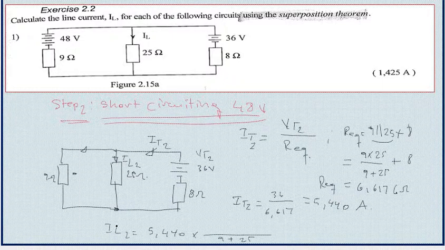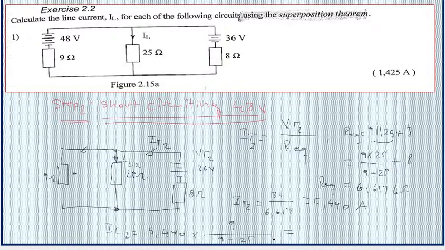Since we are finding IL2, the current passing through this resistance, instead of using this resistance, we use that one on top. So I'm going to write 9 instead of 25. It's the same procedure that we did in step 1.